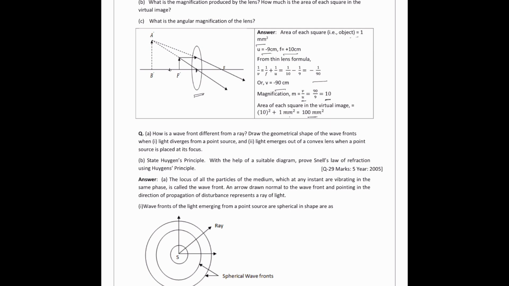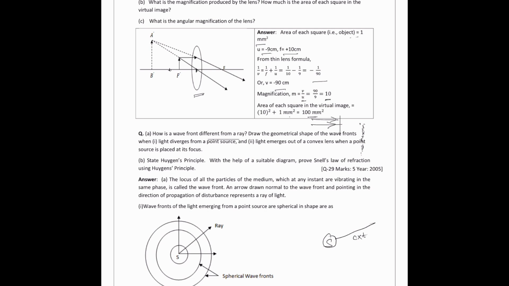How is a wavefront different from a ray? Ray is perpendicular to the wavefront, correct? Be it a cylindrical wavefront, spherical wavefront, plane wavefront, the ray is perpendicular. So it travels perpendicular to the wavefront. Wavefronts are the line joining points of the same phase at a time. Suppose S is the source of light. Okay, at time t it will cover a distance c into t.